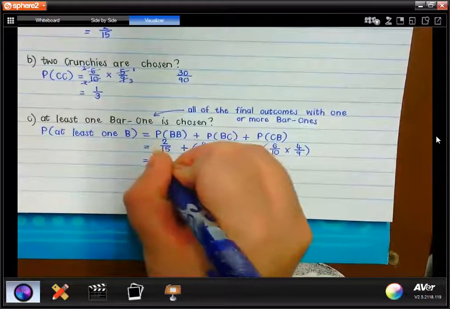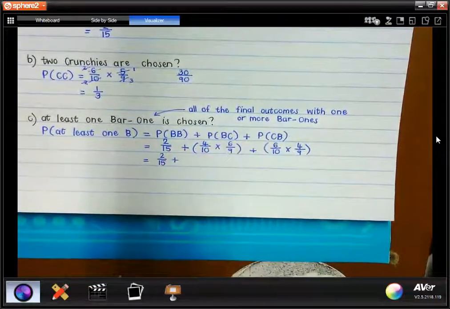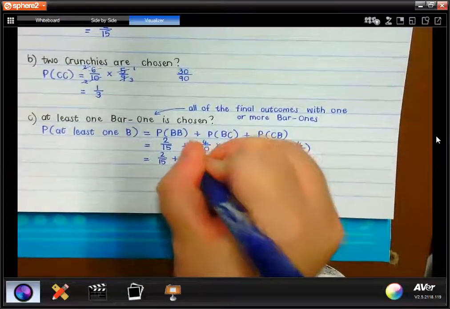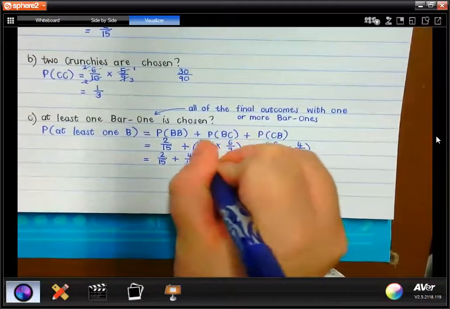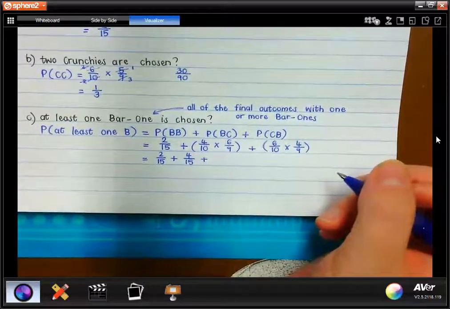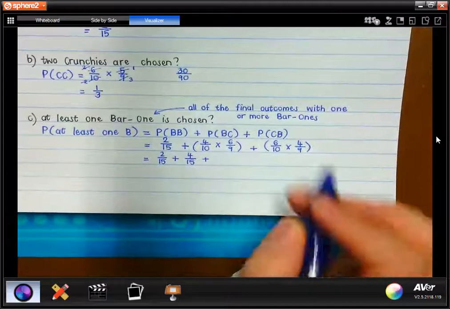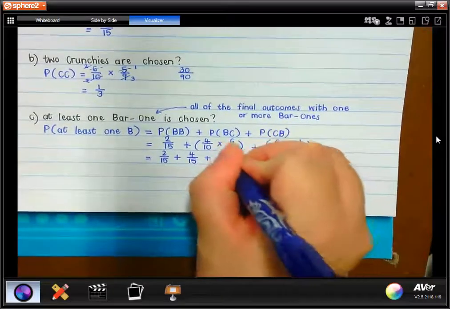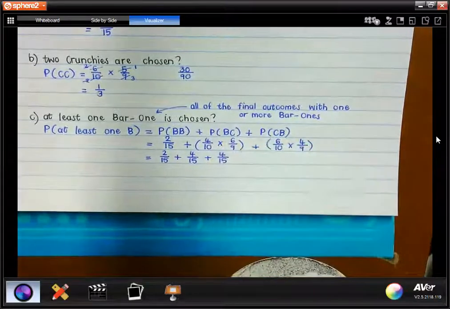Okay, so this one is 2/15 plus, if you calculate that one, that will give you 4/15. Right? And then the next one is actually going to give you the same value. Let me just double check. We have a 6 and a 10 and a 4 and a 9, yes. So that one is also 4/15.